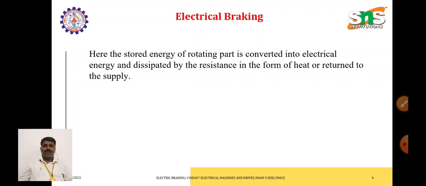That is useful energy. If you want to use it for storage or the illumination of a lamp or some other electrical load, you can use it. Otherwise, with the help of a resistance or rheostat, you may convert the electrical energy into heat energy.